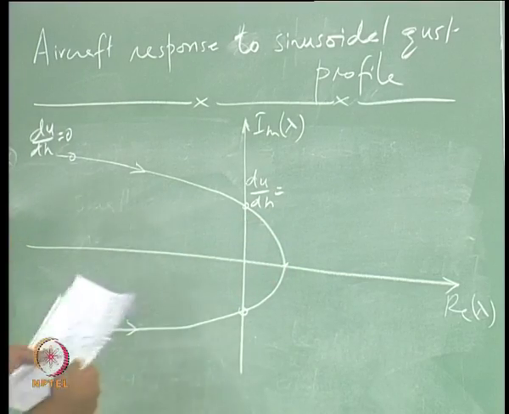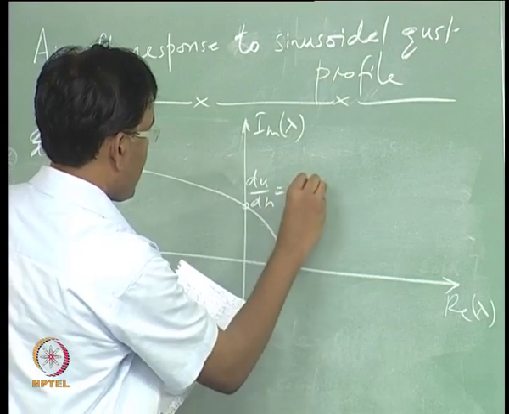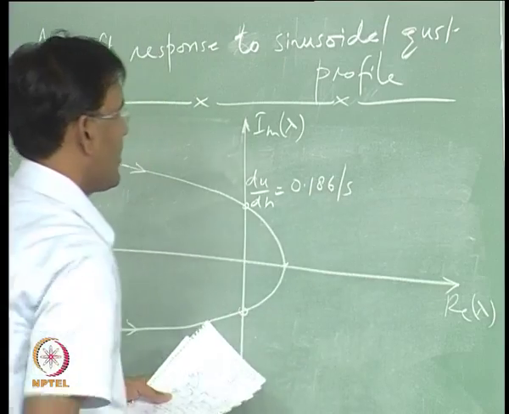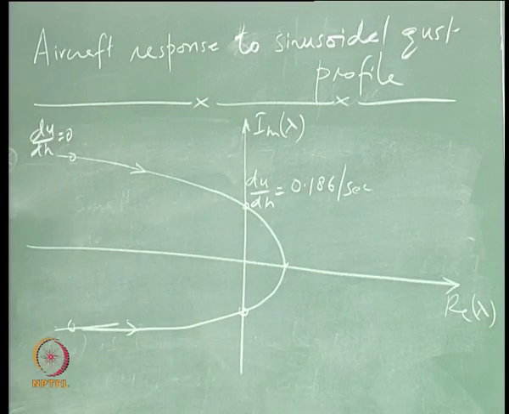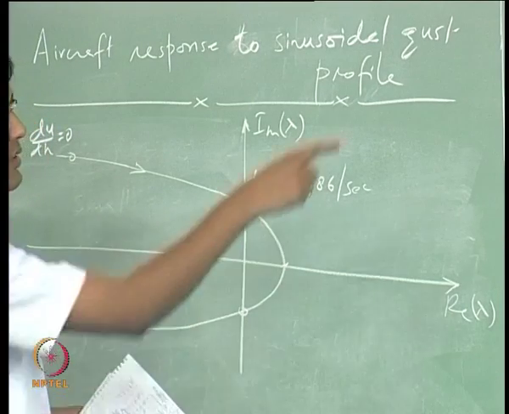It is lying on the imaginary axis, 0.186 per second, right, and this is for airplane B.